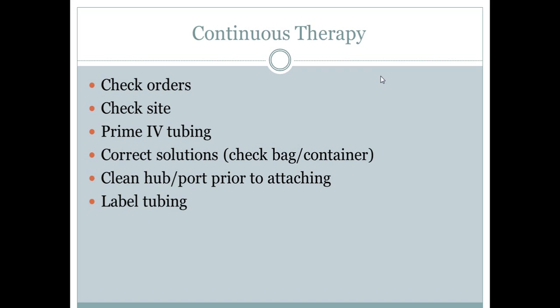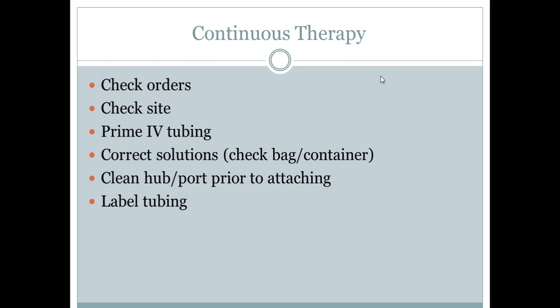We're going to go over that in the skills lab. Not only are you cleaning the top of the hub with an alcohol wipe or whatever your facility uses, but you're also cleaning the sides, with a good quick twisting motion on the sides and on the top. You want to rub it pretty vigorously, not just wipe it once. I probably over clean them, but I think that's a better rule of thumb.